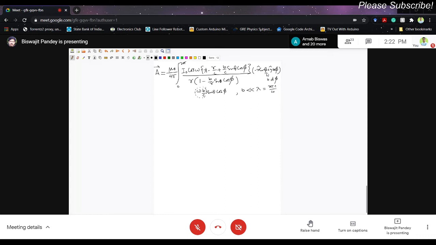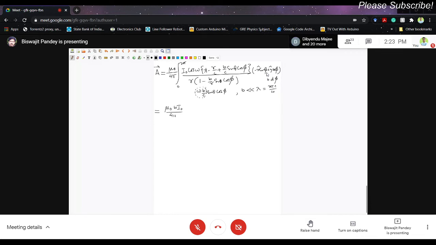So if I break this term as cos a cos b minus sin a sin b, what will be the individual terms? Let us write that. Let us take these terms outside. I0 has nothing to do with the integration, and b also has nothing to do with the integration. So mu 0 b into I0 over 4 pi, I'm keeping them outside.